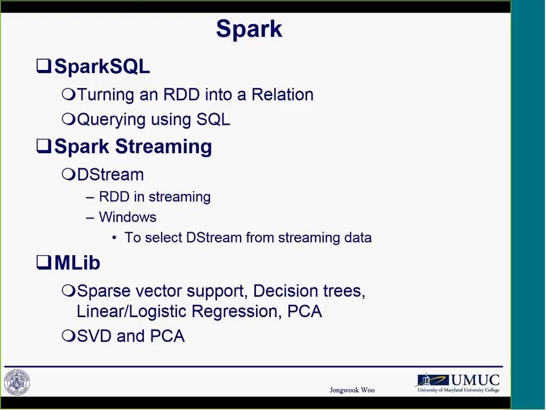And there is a machine learning library that provides many good machine learning algorithms such as sparse vector support, decision tree, linear and logistic regression, PCA, etc. And your example, assignment 4.2, uses logistic regression to see how it works to predict the air conditioner system.